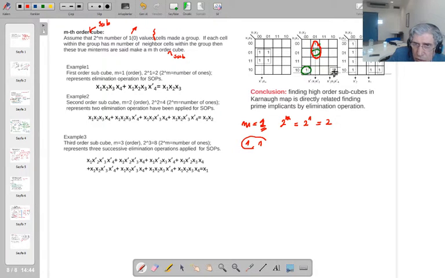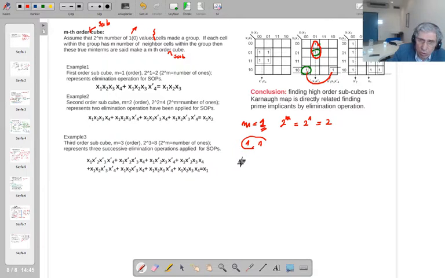For example, these 2 are also neighbor to each other. Understand? Any 2 ones do not make a first order subcube. But if these ones have the property that they are neighbor to each other, then these 2 make a first order subcube.